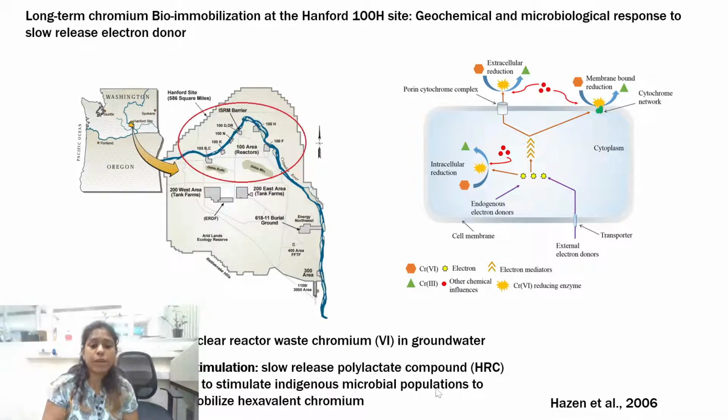So the indigenous microbial populations are used to immobilize hexavalent chromium ions and convert them into chromium 3, which can be immobilized and attempted for long-term stable storage without contaminating the environment. Chromium 6, hexavalent chromium, is the most harmful form, so they are converting it into chromium 3, which can later be removed by other processes.